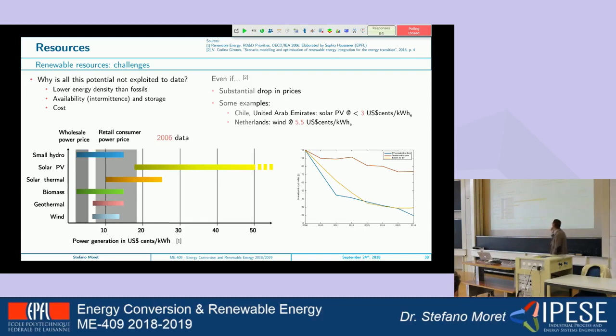And now in Chile and in the United Arab Emirates, solar PV is contracted at 3 cents per kilowatt hour. So we are on the same order of magnitude as oil and coal and so on. And in the Netherlands, wind is sold at 5. So this is just to give you an idea that the claim that renewables are so crazy expensive, as many people say and as is also advertised, is not always that true.